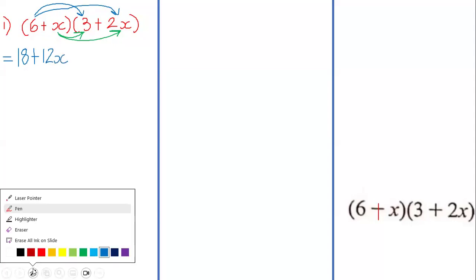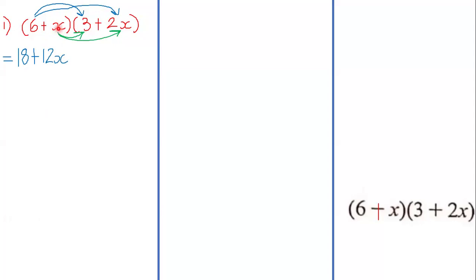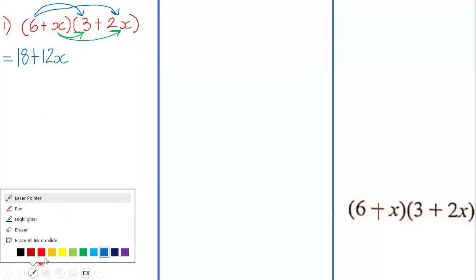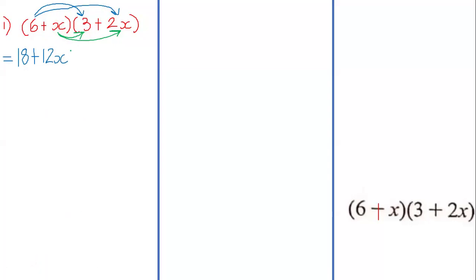Right? Then we have x times 3. And x times 3 is going to be what? What is x times 3, class? 3x. Thank you. 3x, good.